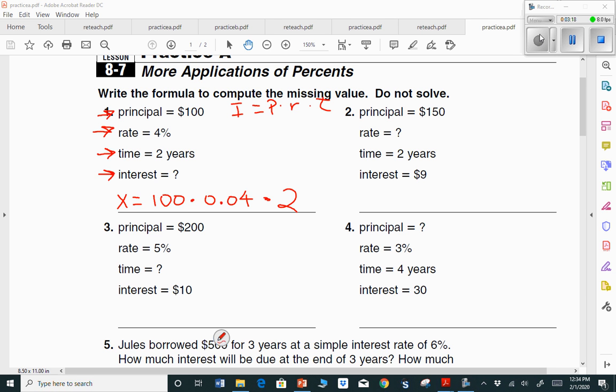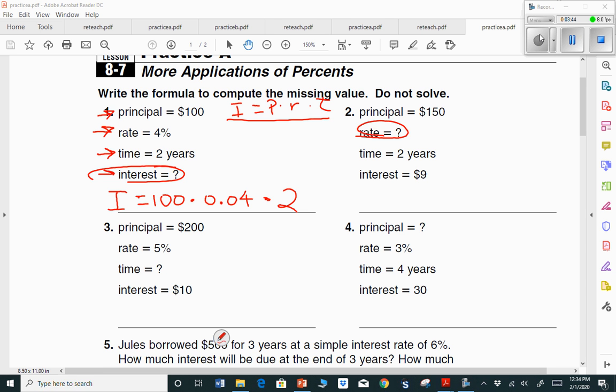If you were actually solving that, you'd just multiply those three numbers together and you'd have your answer. Now, in the first one, interest was the thing that was missing. But in the second one, rate is the thing that's missing. Actually, instead of X, I really should have put I there for interest. So over here, we still go back to I equals PRT.